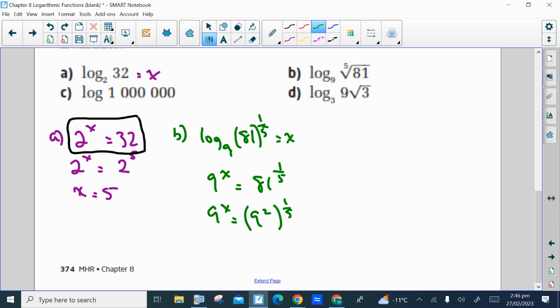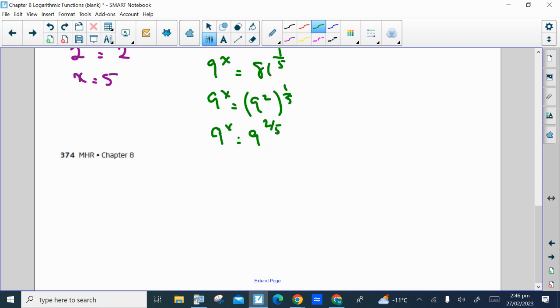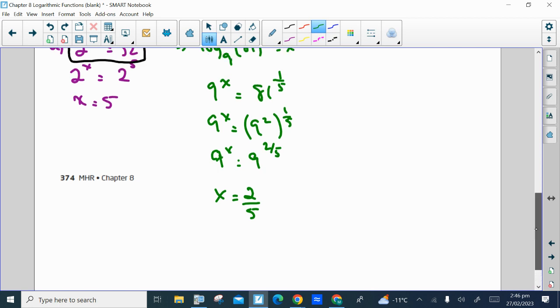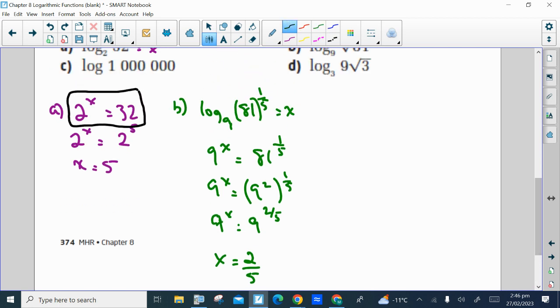You could make them both with a base of 3. That's just extra work that you don't need to do, but it'll work. So on the right, when you multiply the exponents, it'll be 9 to the power 2/5. Bases are equal, so the exponents are equal. X equals 2/5. There's our answer. And again, if you wanted to check that, you would have to take this exponential function, graph the left and the right side, find the point of intersection. It would be at 0.4, which is what 2/5 is.